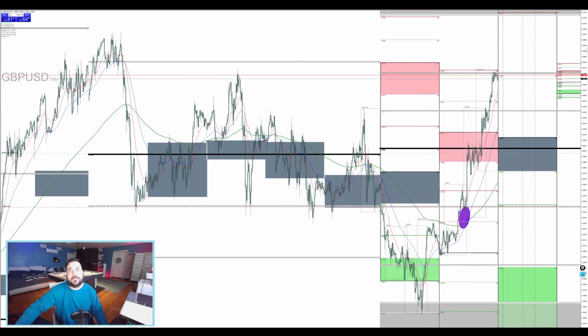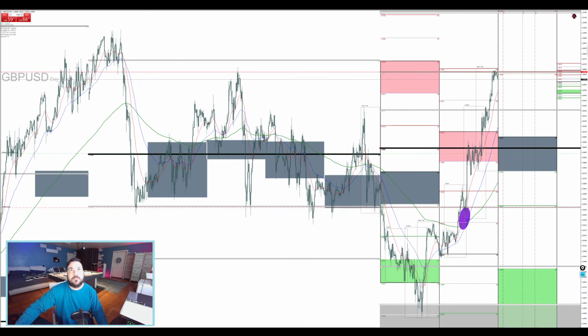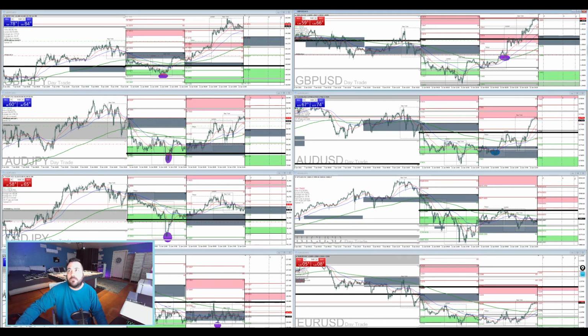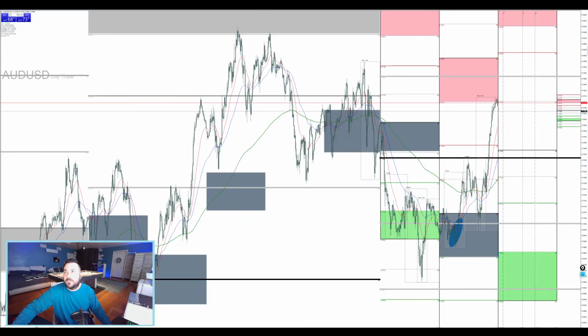All right. And the final one on the block is going to be my Australian US dollar.